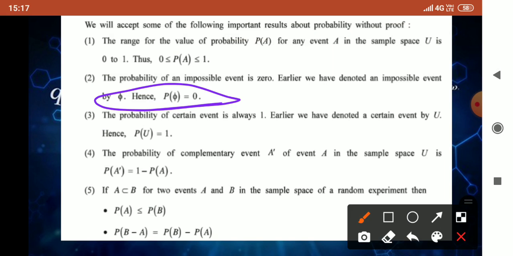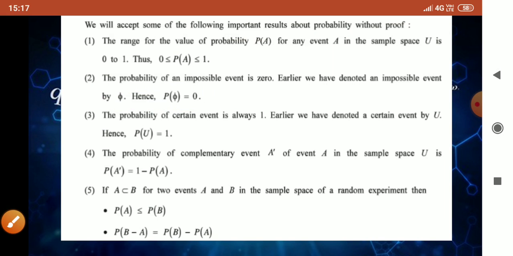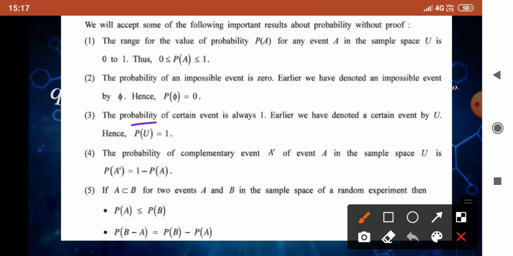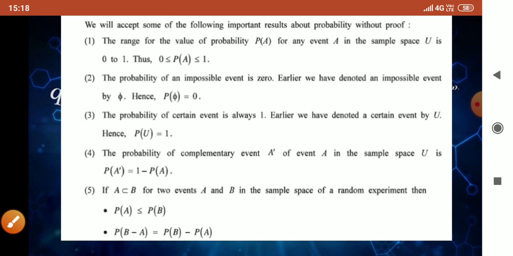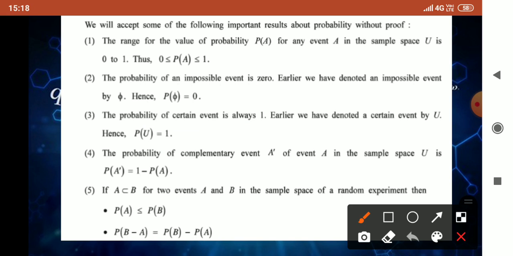Now the next is that the probability of a certain event is always 1. So P of U means total is 1. And P of A dash is the complementary event.